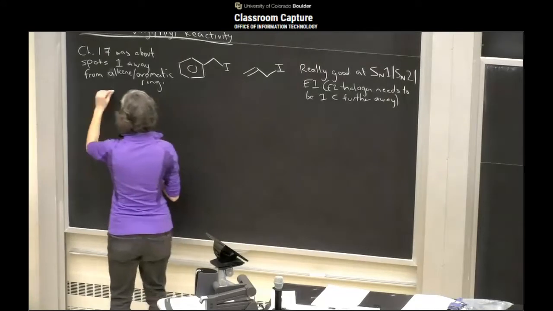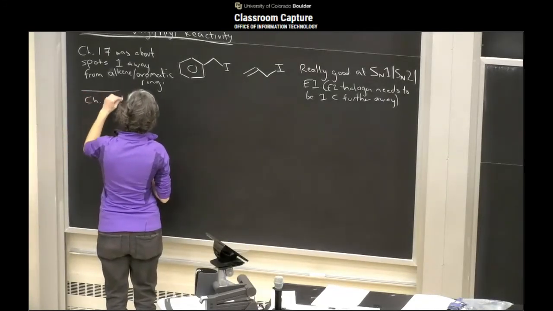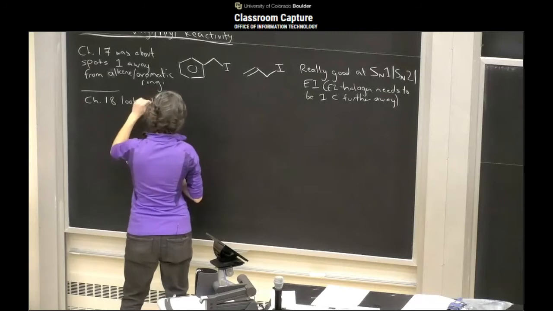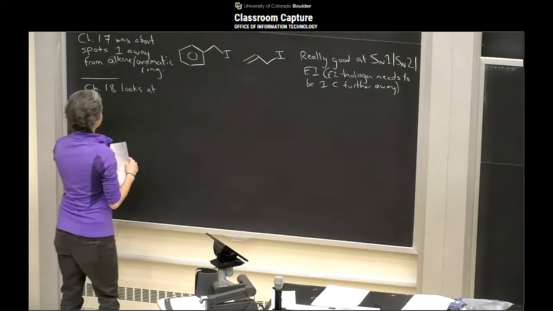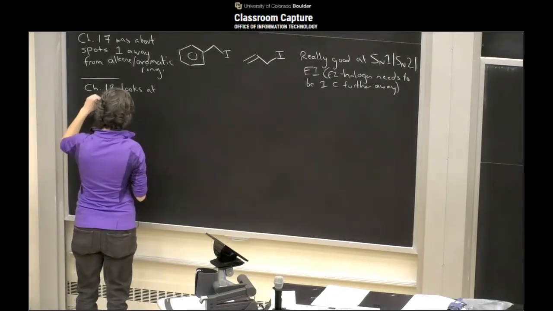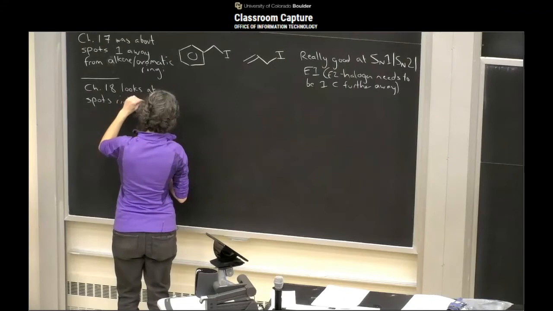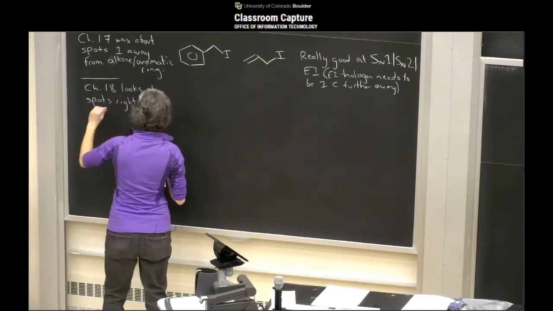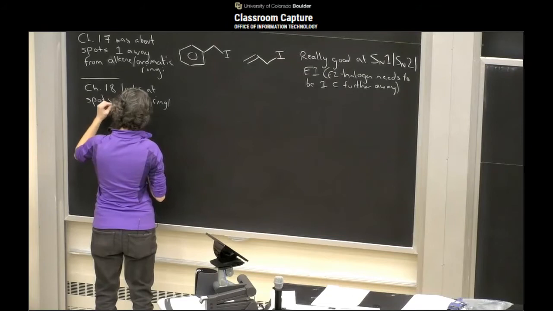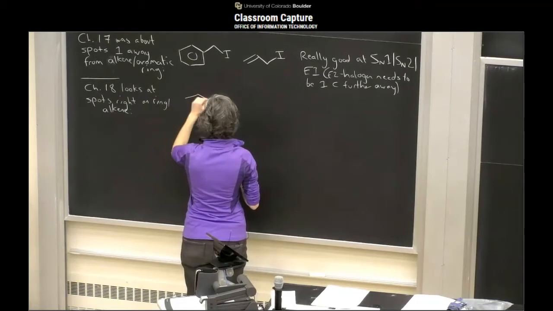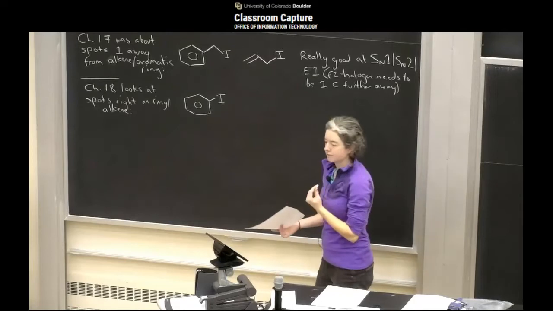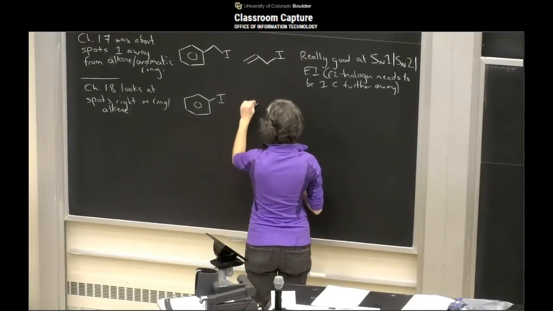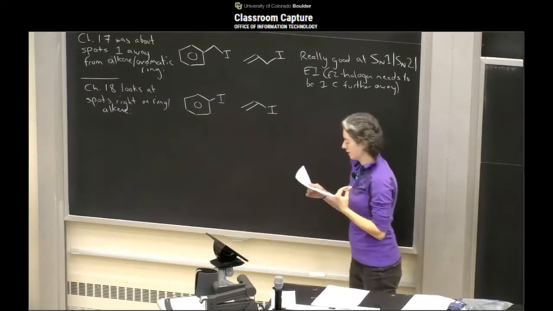What we're going to be looking at here is carbons that are right on the aromatic ring or double bond. So here we're looking at a halogen directly attached to an aromatic ring, or a halogen directly attached to an alkene.